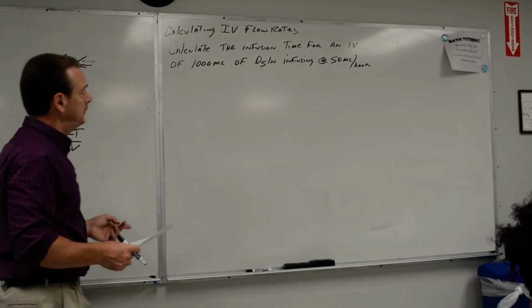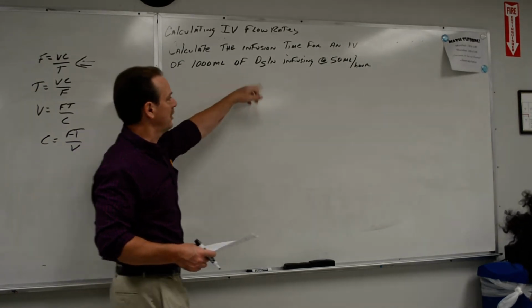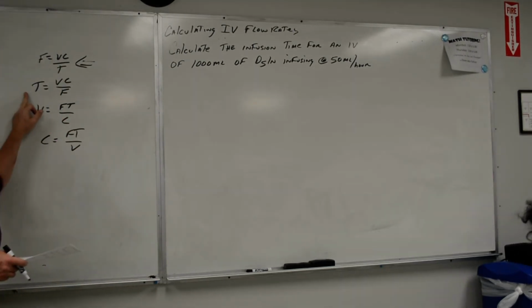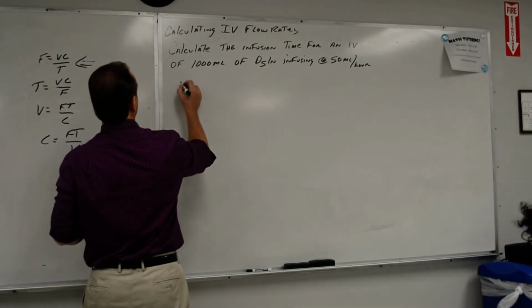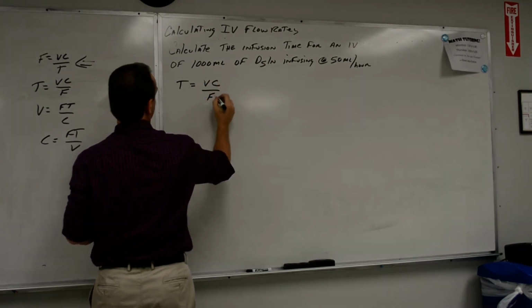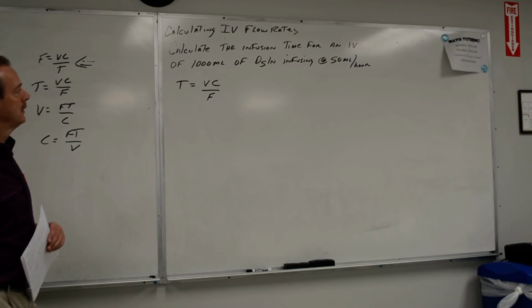And this time, we're going to calculate the infusion time for an IV of 1,000 milliliters of this substance infusing at 50 milliliters per hour. Which equation are we going to use? Time. Yeah, we're looking for time this time, right? So time equals VC over F. Let's define our variables.